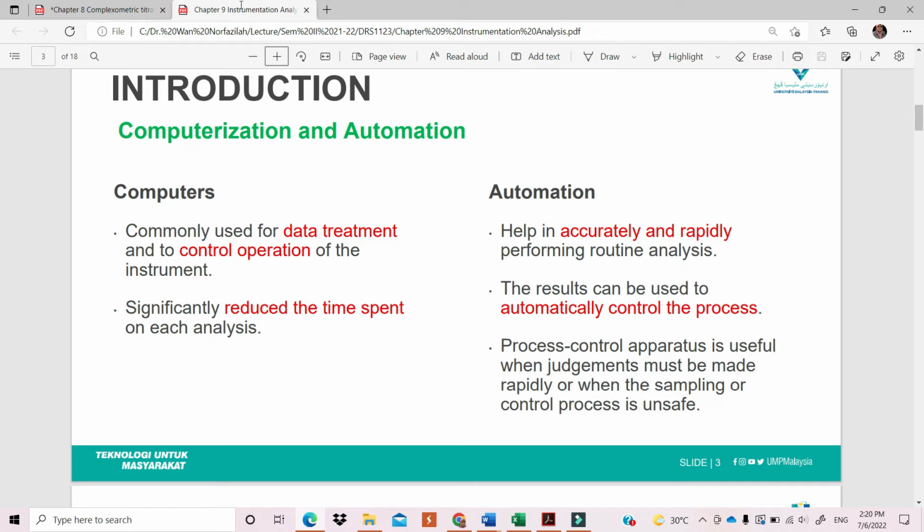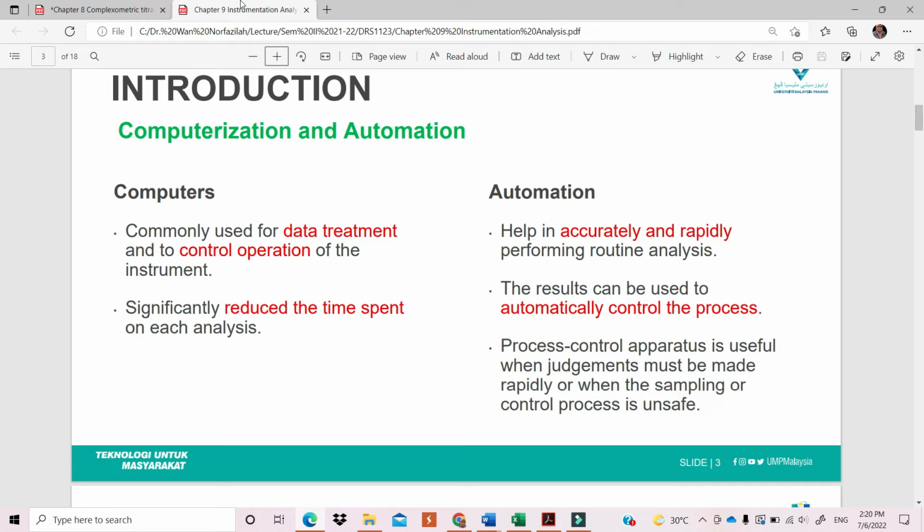They need to do a routine analysis. Every day there are 100 samples coming in, and they have to do the routine analysis. They need an accurate and rapid method. So they will go for instrumental analysis. The results can be used to automatically control the process. Since we are using computers, they are automatic. So this is what is meant by the automation.